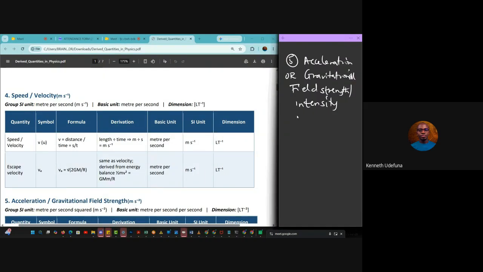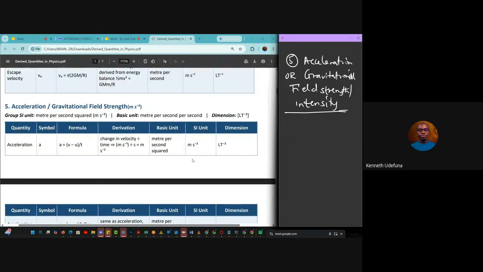Okay, let's proceed. For this family, what do you have under it? Under acceleration, we have the actual one called acceleration. Let's start with the first quantity, acceleration.